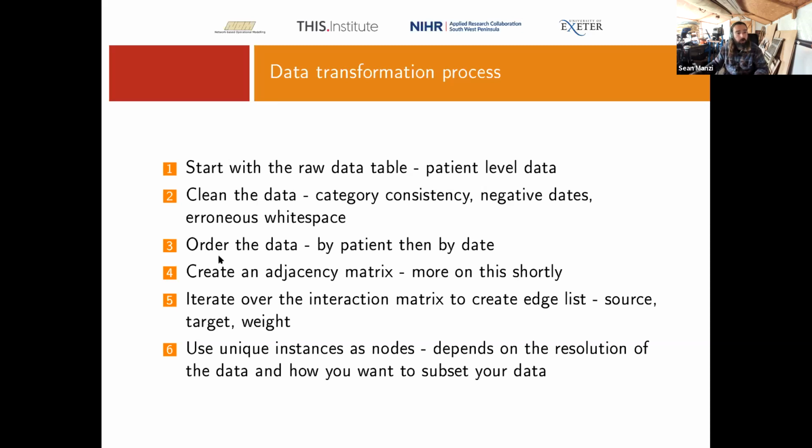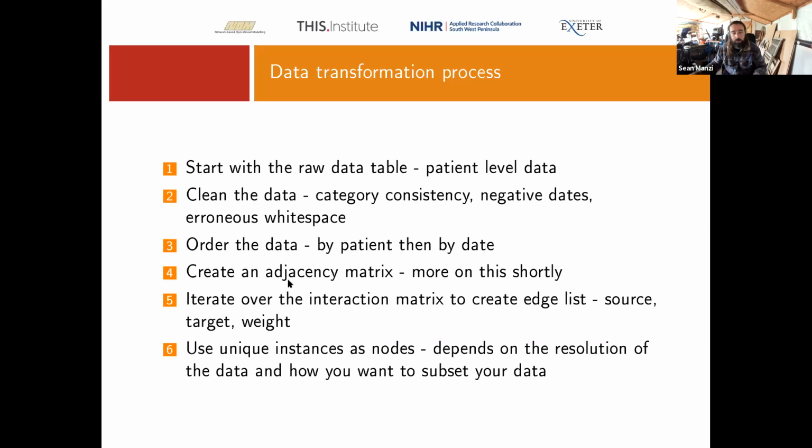Then we order our data, first of all, by patient, because we want to be able to look at their chronological use of services. So we're then organizing it by date. When using patient episode data in a network, we first order it all by the patient, and then by date of the services that they've used.